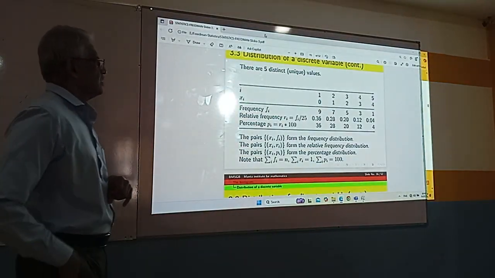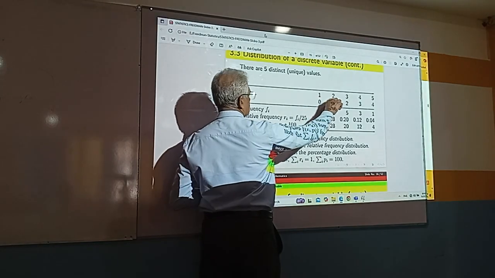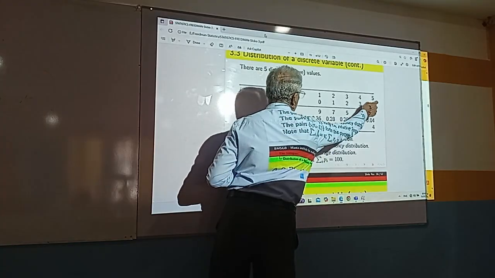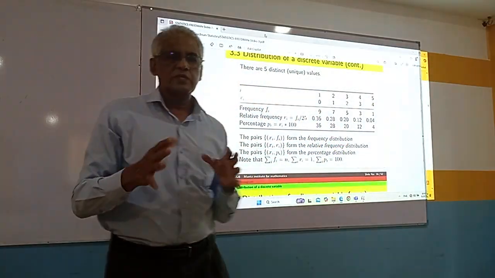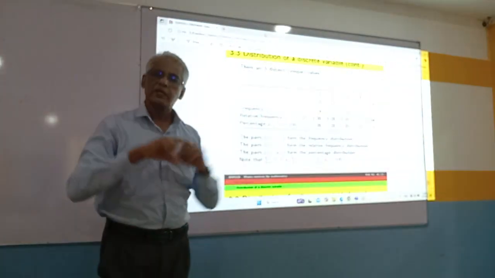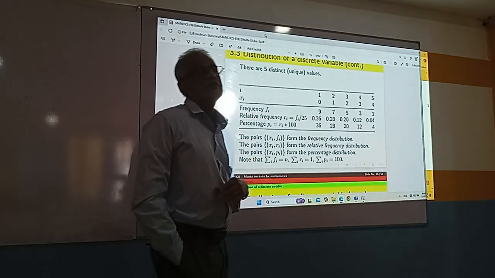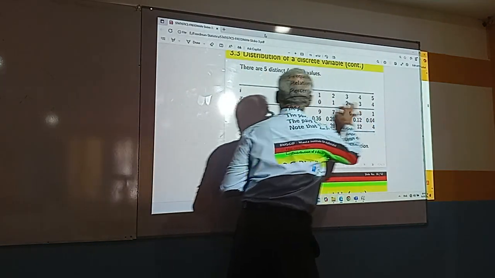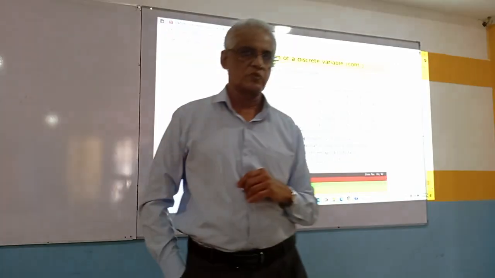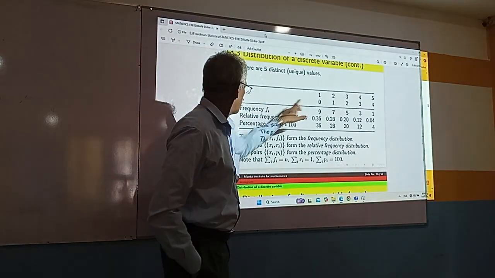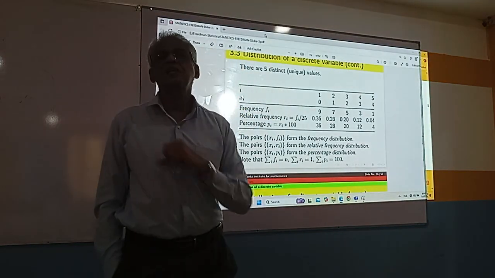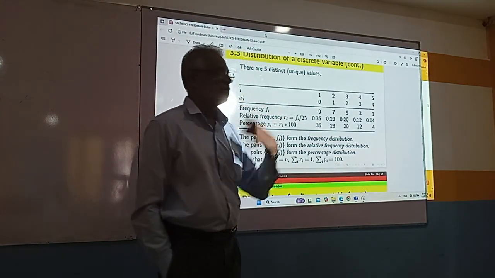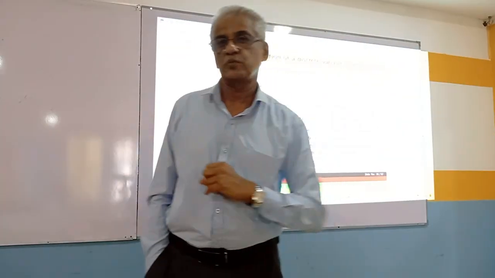If you consider these pairs, 0 and 9, 1 and 7, 2 and 5, 3 and 3, 4 and 1, that list of pairs is what we call the frequency distribution. As a table, if you consider only this part, that is the frequency table, the frequency distribution. If you consider this row and this row, that gives you the relative frequency distribution. If you consider x and this row, then it gives you the percentage distribution.